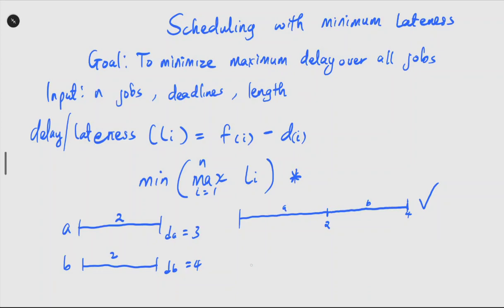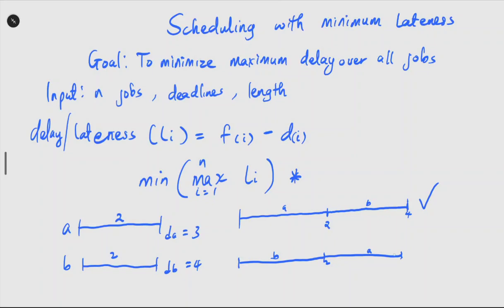Let's also say we schedule B first. Let's say we start from B, which has length 2 and a deadline of 4. So this beats the deadline. And we schedule A after, which has a deadline of 3.